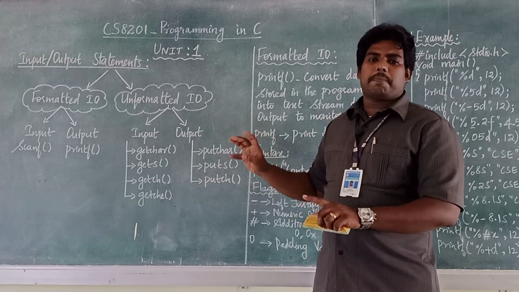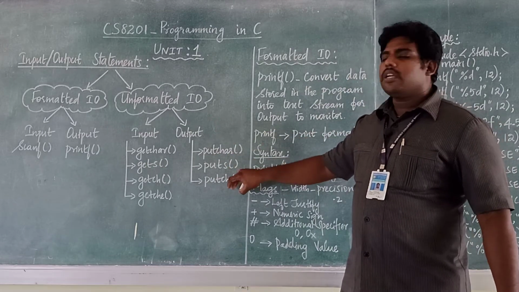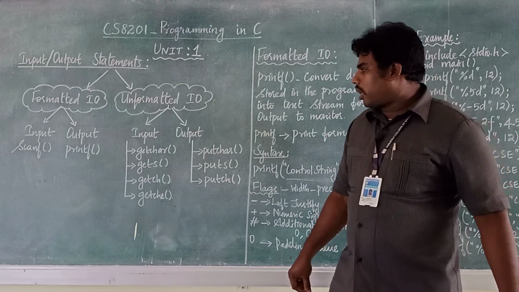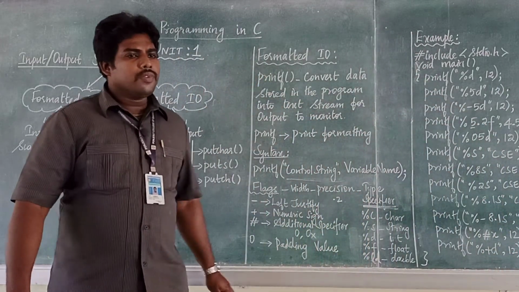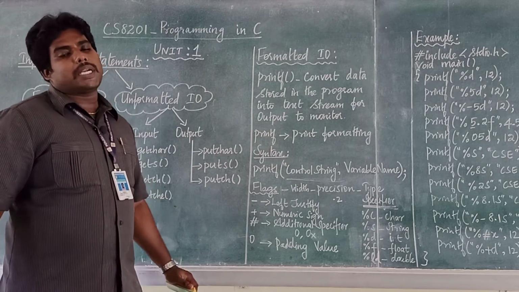Now we can look at printf. Similarly, there are printing one character at a time, printing a string, and printing alphanumeric characters. First of all, you have to know the definition of printf.